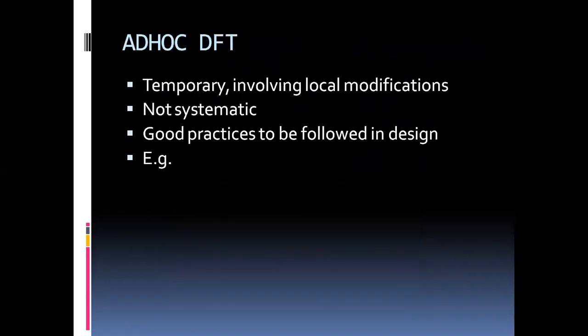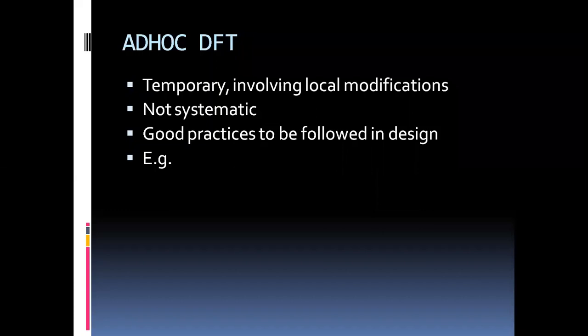Then I am going to start with each one of these. Now coming to ad hoc DFT. Ad hoc, as the name suggests, is temporary in nature. I can make a local modification at a particular point. If a node is not observable in my circuit, to make that node observable I can include a multiplexer, or insert a test point, and I can control that particular node.